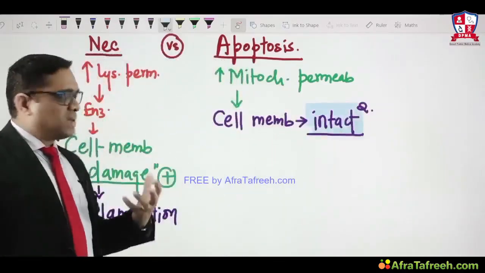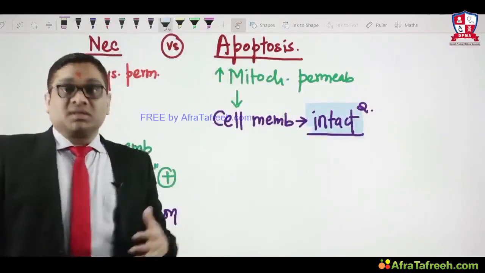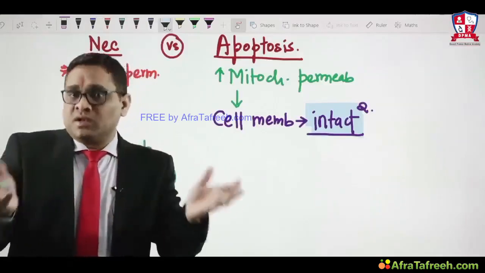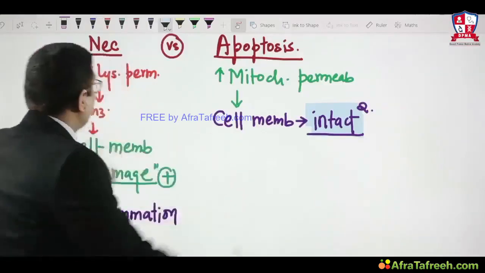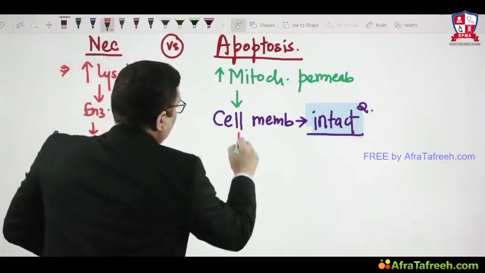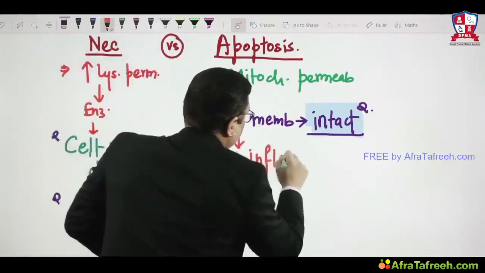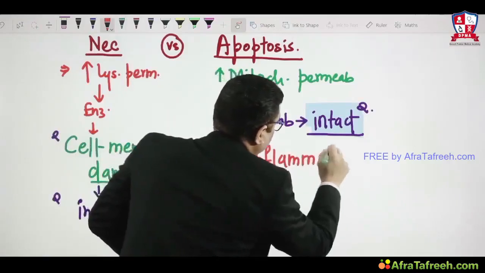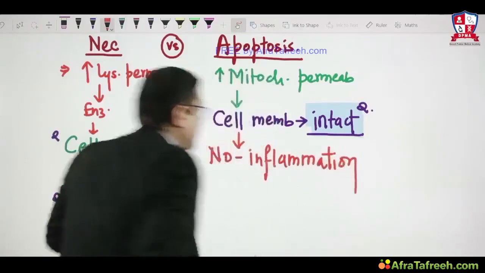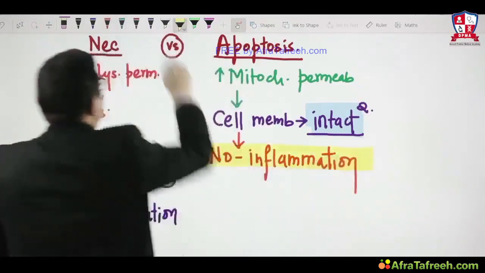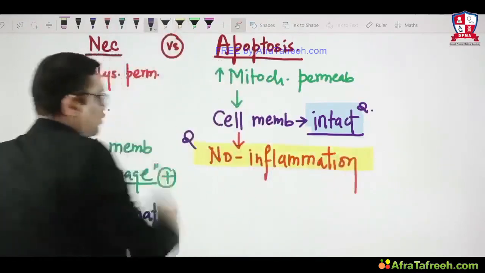Now you can assume that if the cell membrane is intact, the intracellular content will stay inside the cell, and when it is inside the cell, there will be no inflammation. This was another question asked recently in AIIMS and All India exams.